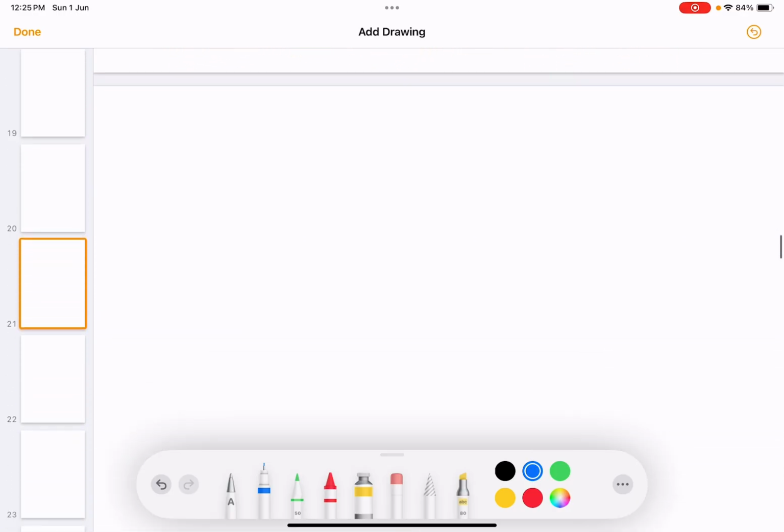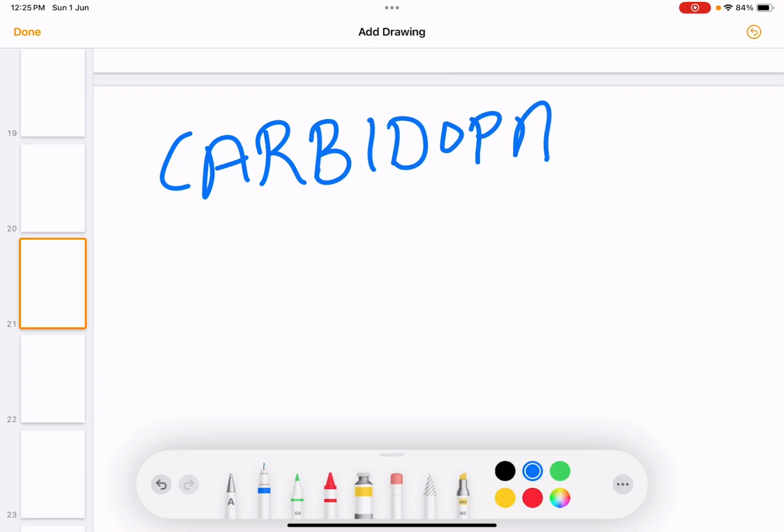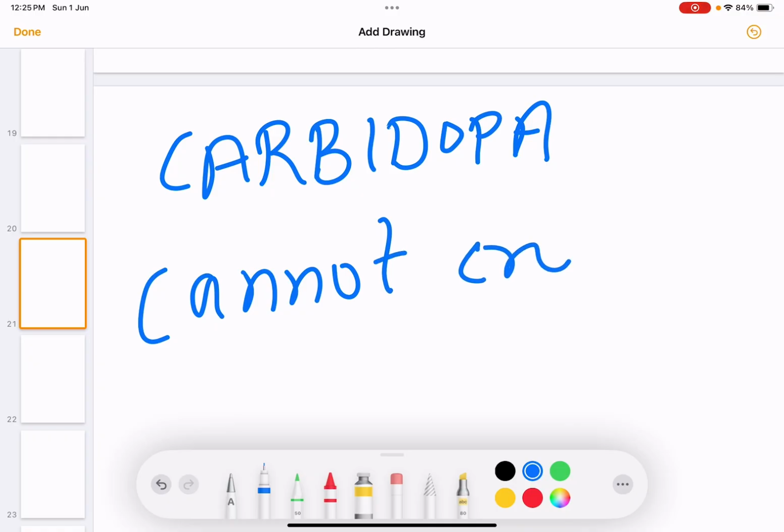Now we will discuss peripheral dopa decarboxylase inhibitor and that is carbidopa. So I have already told about levodopa carbidopa combination. So these peripheral dopa decarboxylase inhibitors, they cannot cross blood-brain barrier. So they do not interfere in function of levodopa in brain. But in periphery, they inhibit the peripheral conversion of dopa to dopamine.